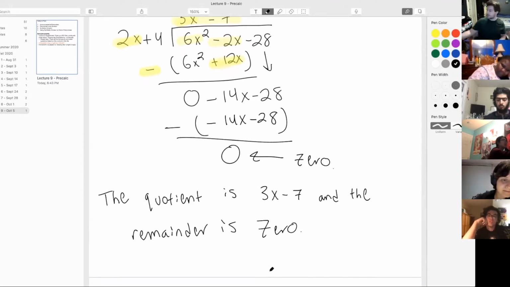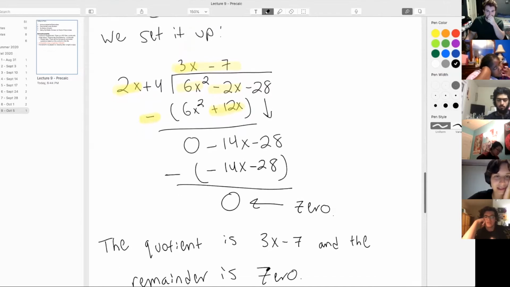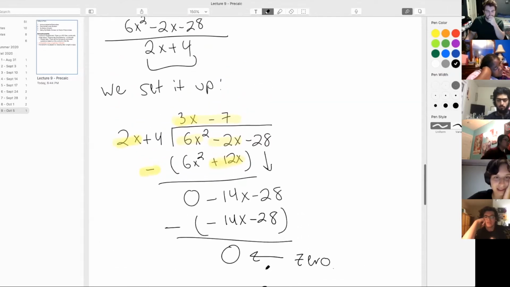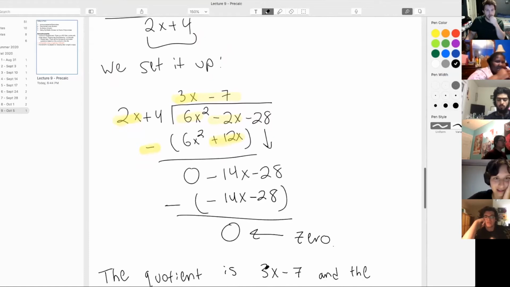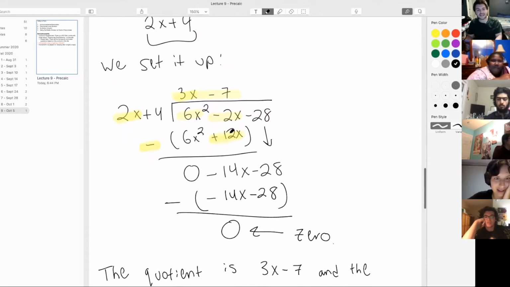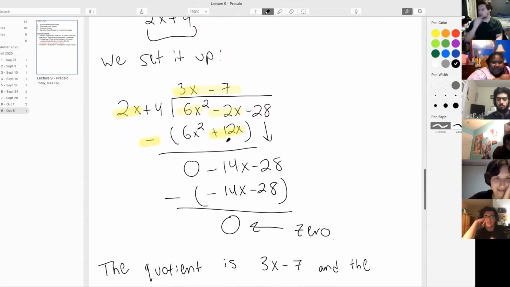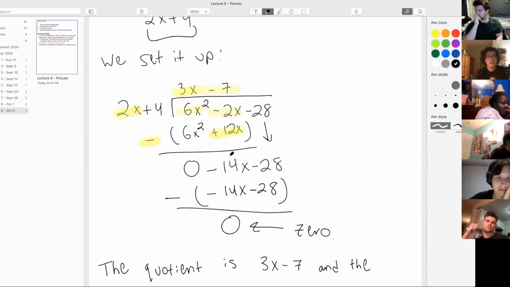I have so many questions. Okay, one, I got really confused. How do you get from the minus 2x to the plus 12x? Oh, to get this plus 12x, I did... Where did I get that from? The 4 times 3x, right?